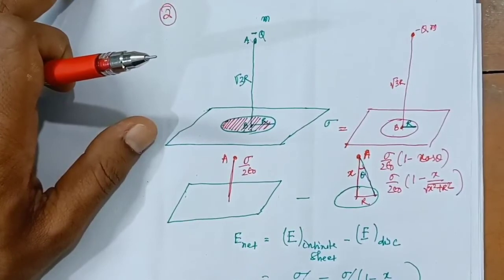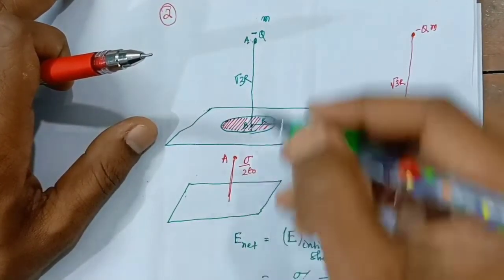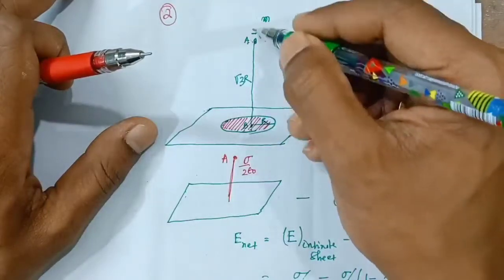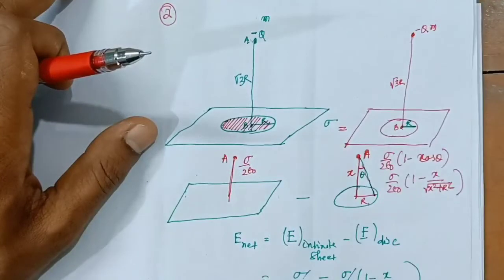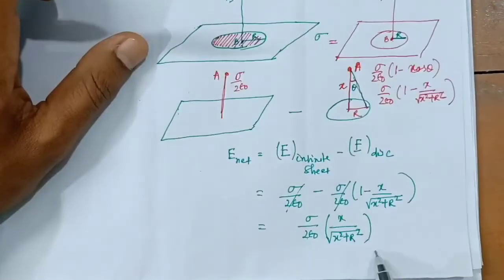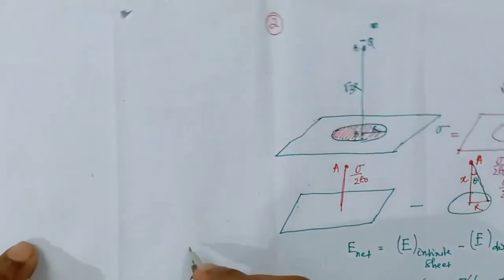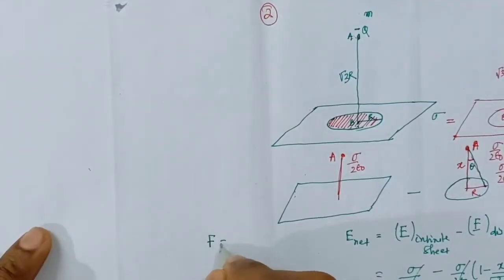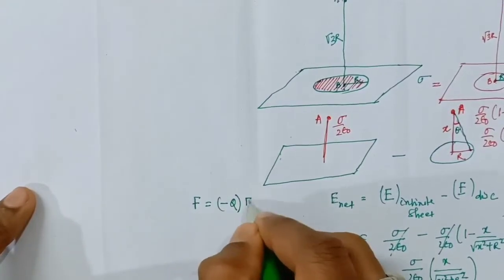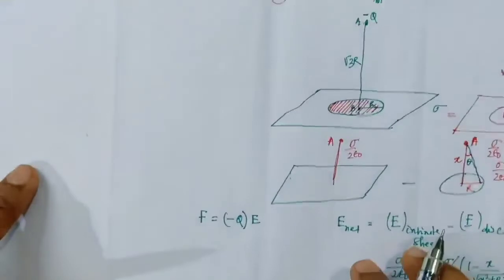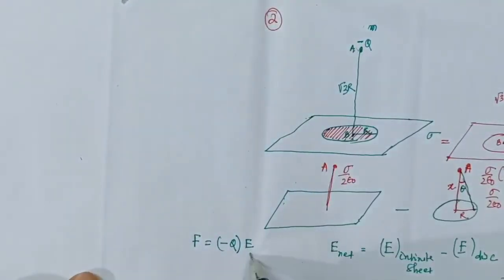Due to this electric field, what will happen? This charge will come down. Sigma by 2 epsilon naught x upon root over of x square plus r square is my electric field. I know F can be written as Q charge into E. This is the amount of charge, this is the negative charge, and this is the electric field.